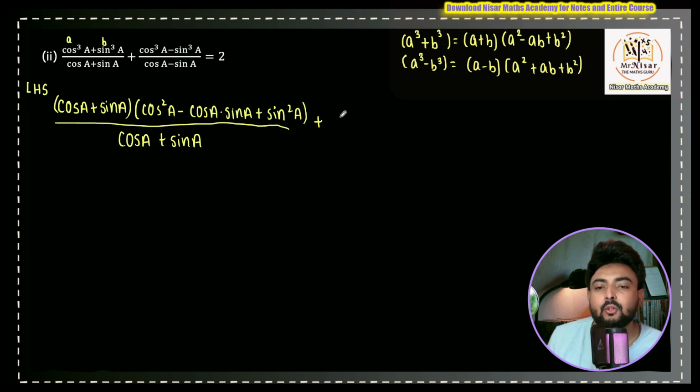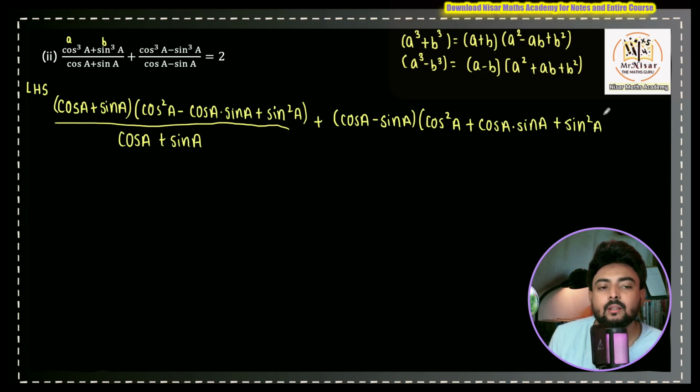So A cube minus B cube will be A minus B, that will be cos A minus sin A. In the second bracket we have A square, that is cos square A, plus AB, AB will be cos A into sin A, plus B square, B is sin, so that is sin square A, upon cos A minus sin A.